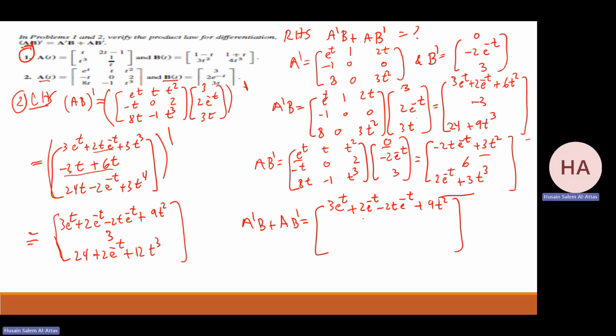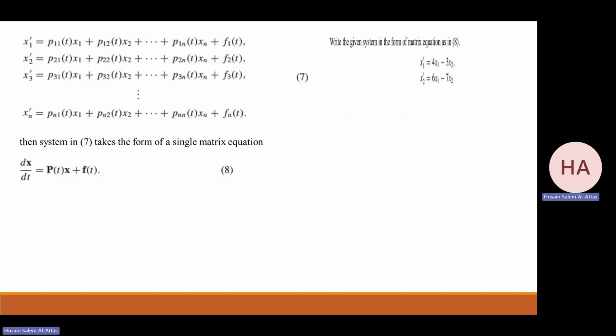The other one, minus 3 plus 6, that will be 3. Now, 2t plus 2 is minus t. 9 plus 3 plus 12t cubed. Correct. This is (AB) prime, so this is correct.